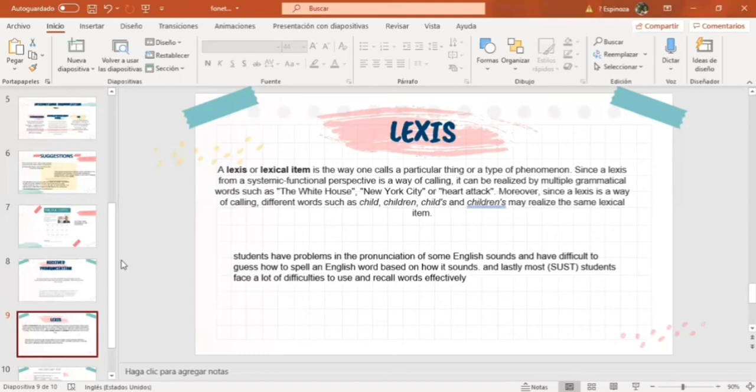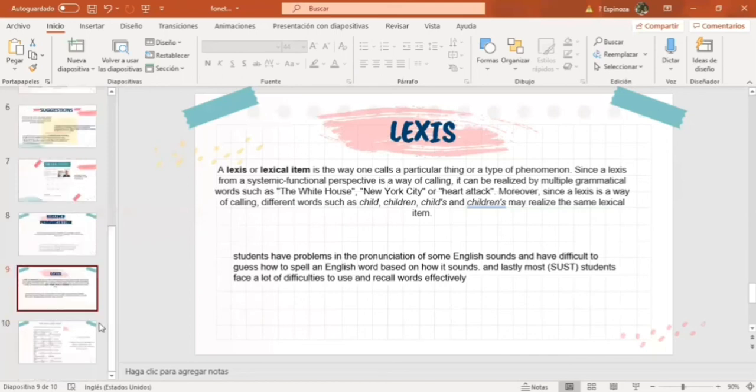It can be realized by multiple grammatical words such as the White House, New York City, or her attack. Moreover, since lexis is a way of calling, different words such as child and children may realize the same lexis.